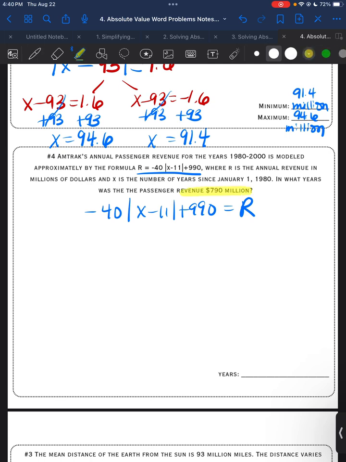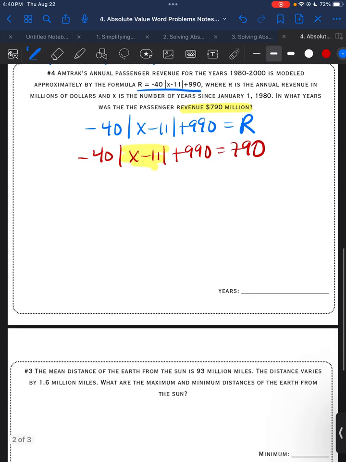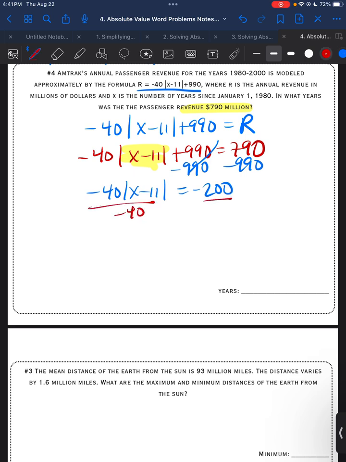It tells us 790 million. So we're still solving. I'm going to isolate this right here. So I'm going to do minus 990. Then divide by negative 40.